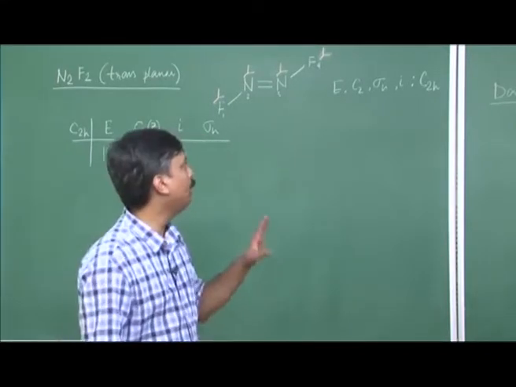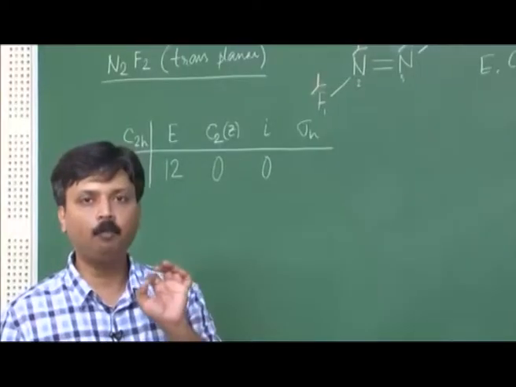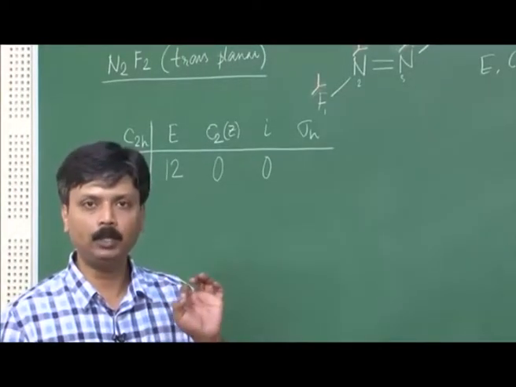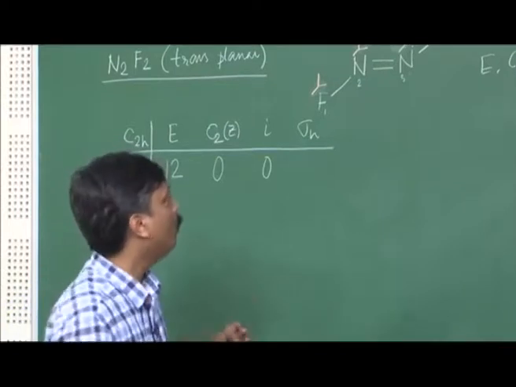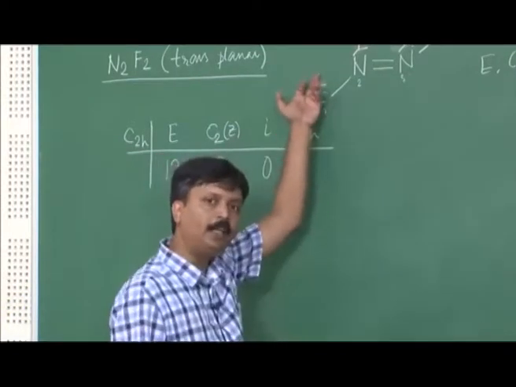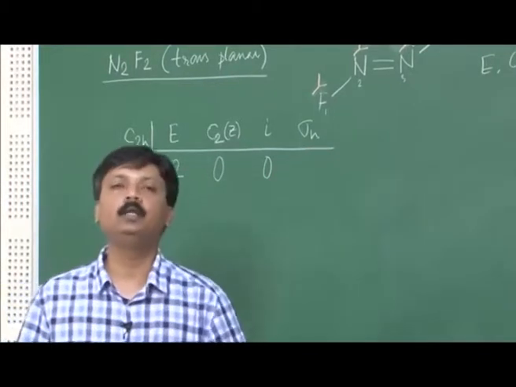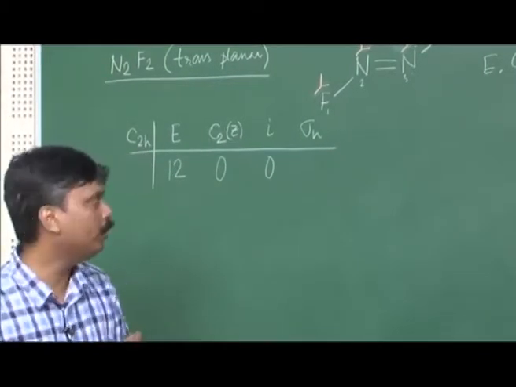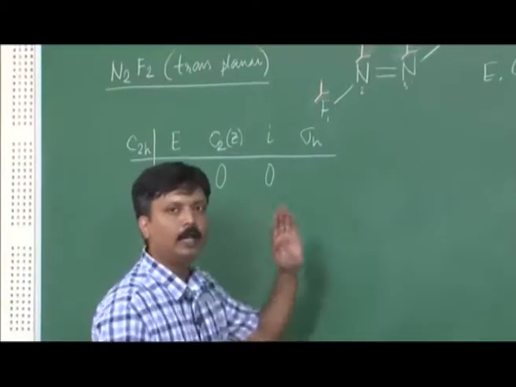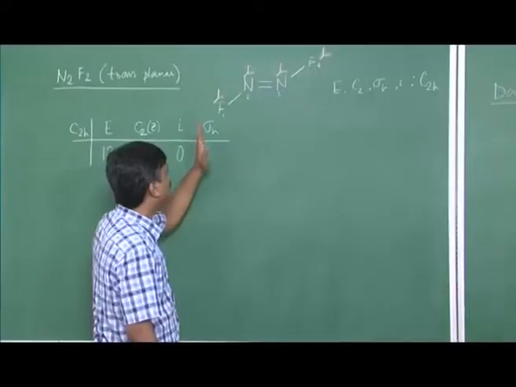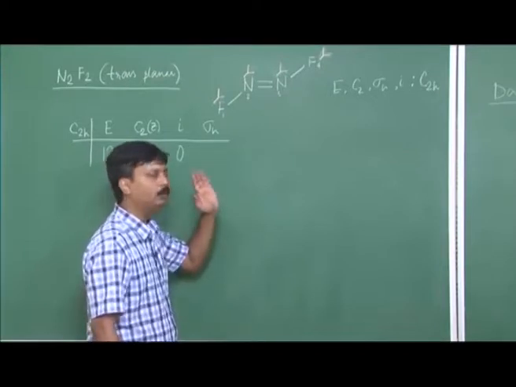Overall I have total 4 x's and 4 y's, so the total contribution to the diagonal is plus 8, while z will be reflected to minus z. So 4 z coordinates will give me minus 4 contribution. So overall contribution toward the diagonal of the representation for sigma h is 8 minus 4 equals 4.